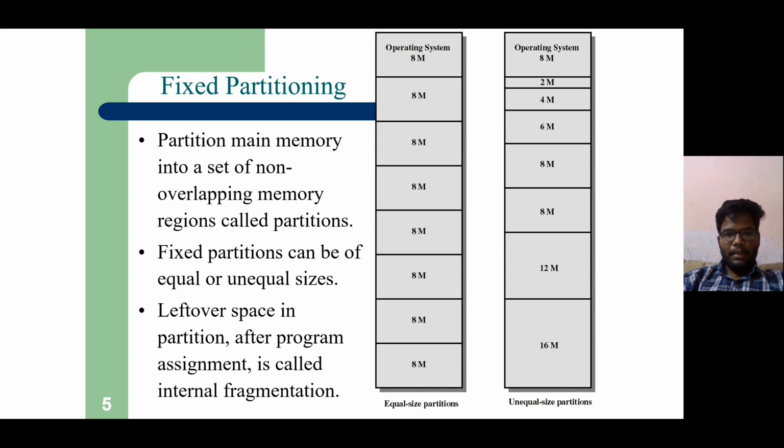Fixed partitioning: partitioning main memory into a set of non-overlapping memory partitions. In fixed partitioning there will be no overlapping, and fixed partitions can be of equal or unequal sizes. So fixed partitioning is divided into two types: equal and unequal. Leftover space in a partition after a program assignment is called internal fragmentation.